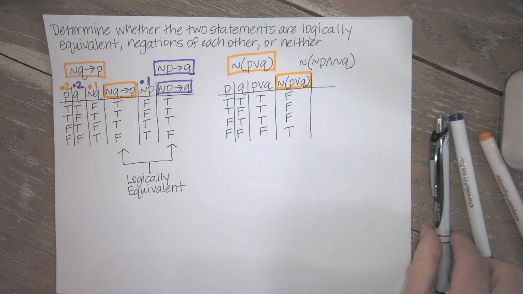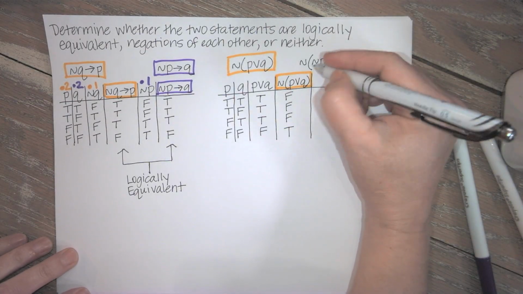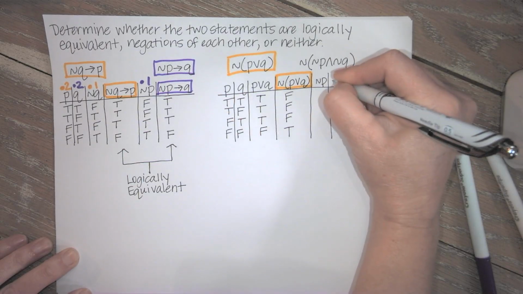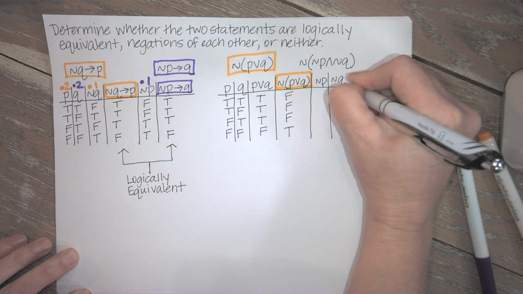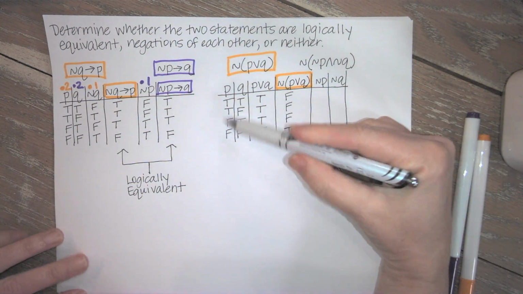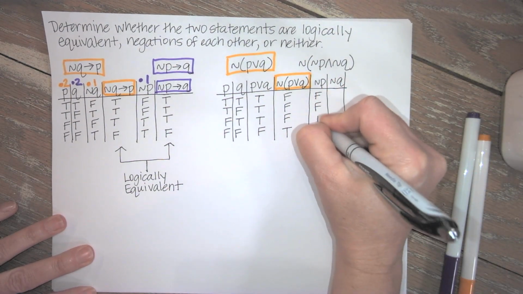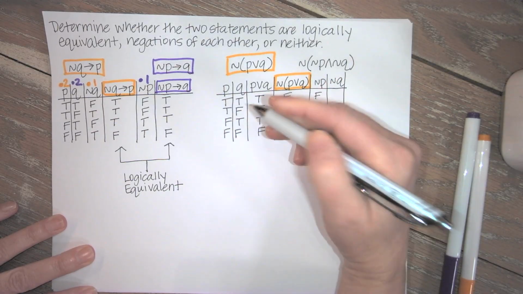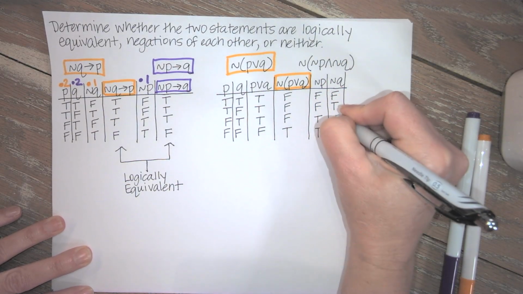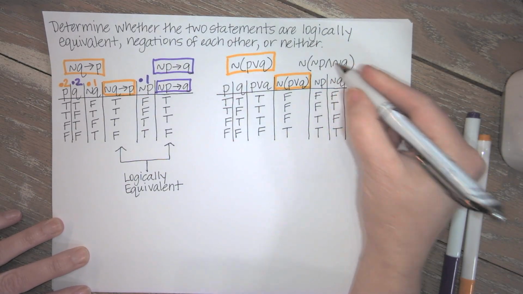All right, now let's work on our second statement. We're going to need a not P column. I can already see we're going to need a not Q column, so I'm going to go ahead and draw both of those. Not P negates our P, so that'll be false, false, true, true. Not Q negates our Q column, so that'll be false, true, false, true. We're going to join those with an and.